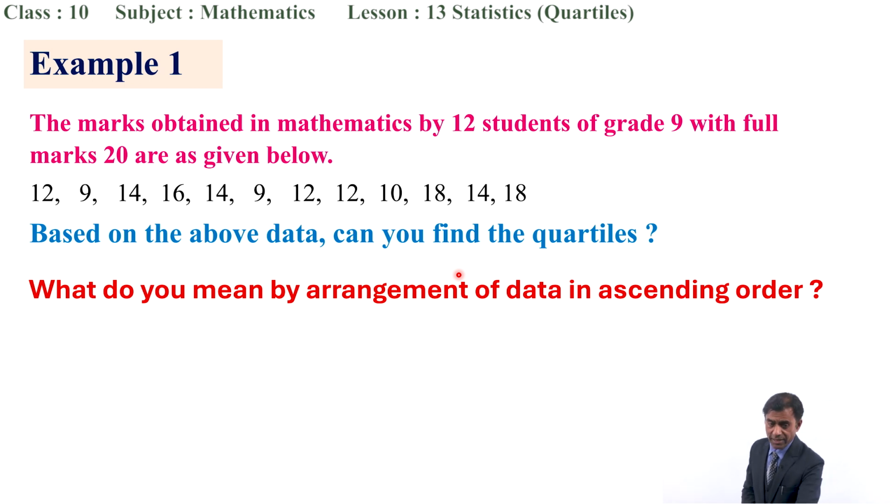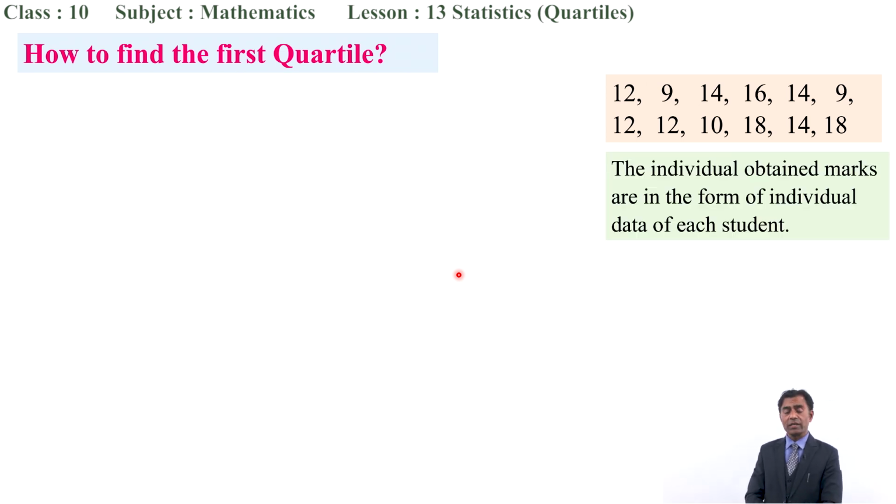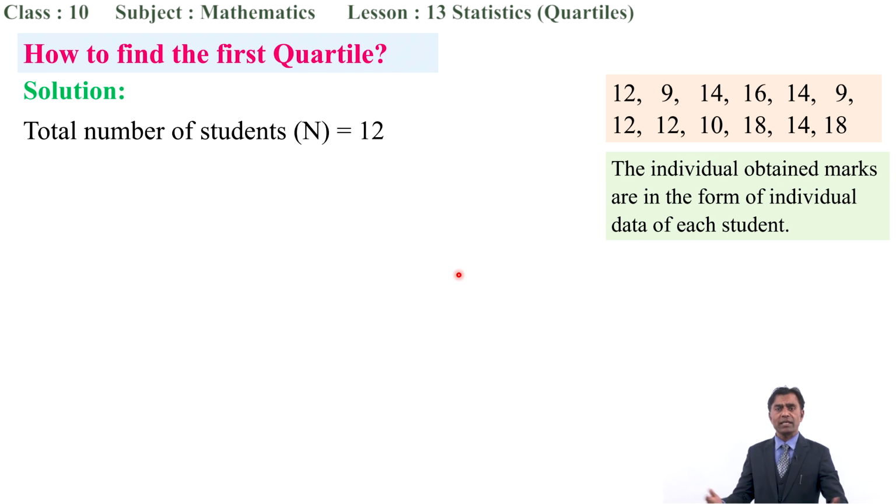So let's write how to find the first quartile. This is the given data you can see on the screen, randomly written, and these marks are individual: for each of the 12 students the obtained marks are given. So to find the first quartile, similarly the second and third quartile, we must arrange the given data in ascending order.